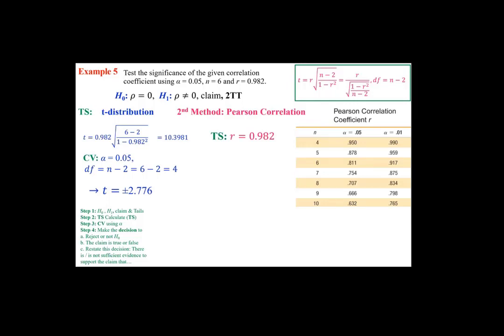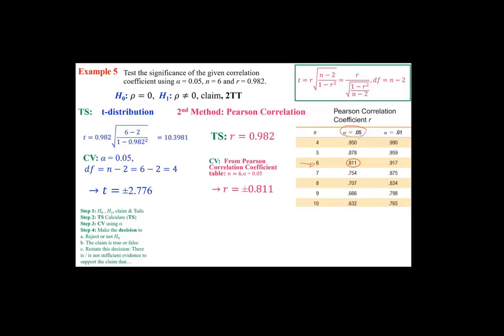Alpha is 0.05, so look at the alpha of 0.05 column. Then what about n? Okay, n is 6. So in front of that, we are looking for the number. So look at number 6, which is your n. Look at your alpha. And therefore, the answer is 0.811. So that wasn't too bad.